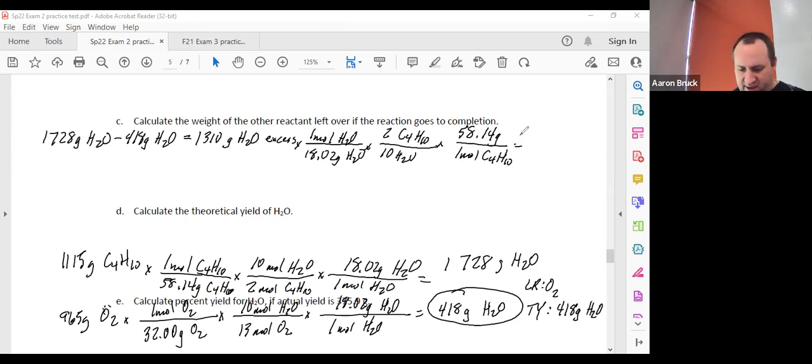So if I do that, 1310 times 2 times 58.14 divided by 18.02 divided by 10, to 4 significant figures, 845.3 grams of butane are left over.